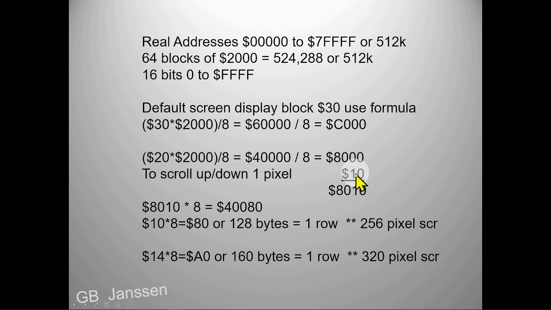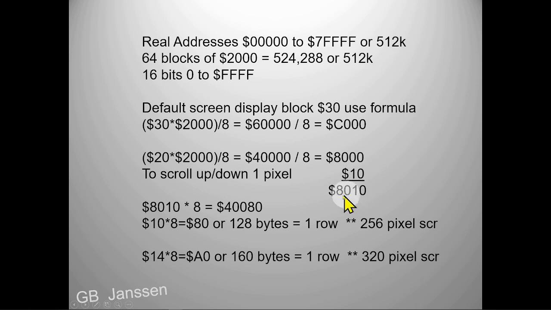Okay, now the screen we're using is 256 by 192, 16 colors. So each line is 128 bytes. So we're going to put a hex 10 in there. We'd add that to that, make that 8010. We store this here in the MMU, and it's basically we've moved up 1 line.